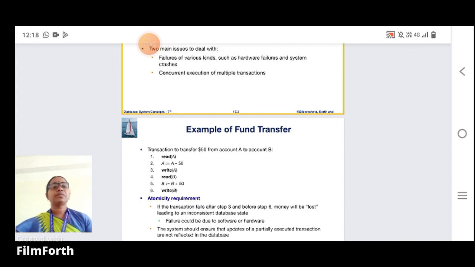Now we write this 950 to the database. Again we read B. Now this 50 rupees we have to add to account B. B has 2000 rupees, so 2000 plus 50 is 2050.